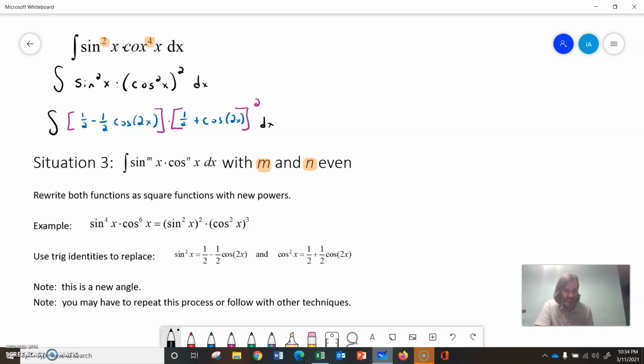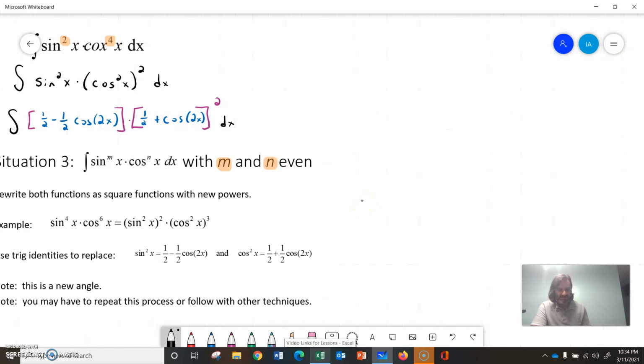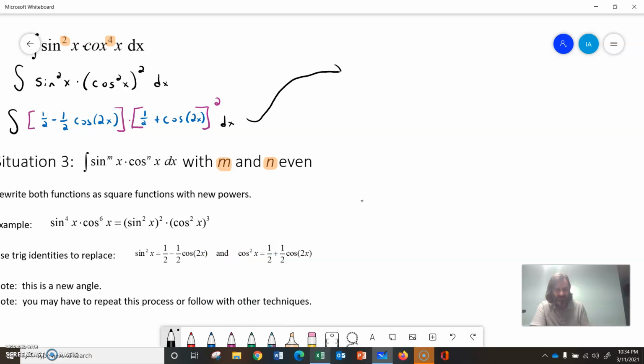So we've got some squaring to do and some distributing. So let's take our time here and see what happens. As I rewrite it, I think I'm going to go ahead and try to do the square part first. So I'm going to have the integral of, I'm going to leave the first part, 1/2 minus 1/2 cosine of 2x.